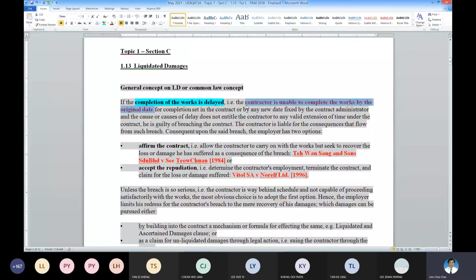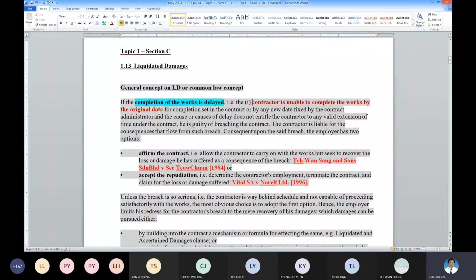Number 2, type 2, cannot comply with any new date fixed by the contract administrator. That means a revised date given to you also cannot be met.